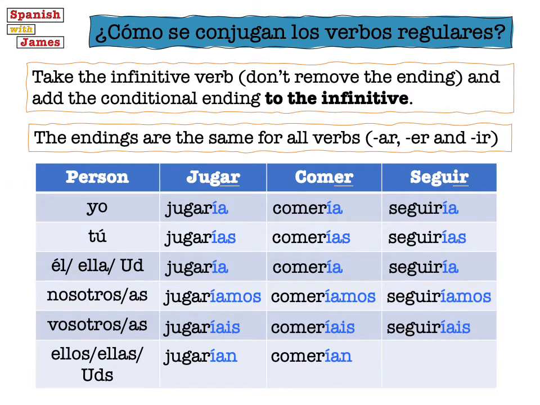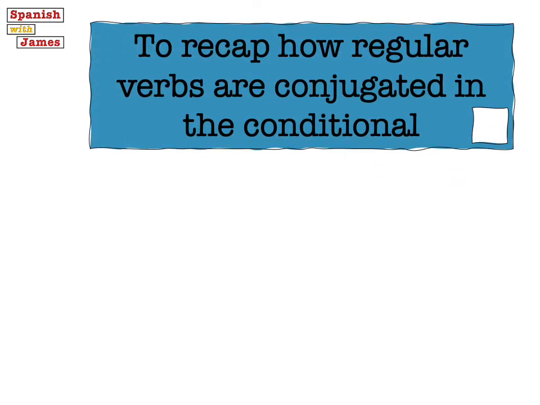The difference here is that we're adding them to the infinitive, whereas to form the imperfect, we need to take the verb ending off. So it's an important thing to note so that you don't get confused between the conditional and the imperfect tense. So we've just done our second learning objective, which was to recap how regular verbs are conjugated in the conditional tense.